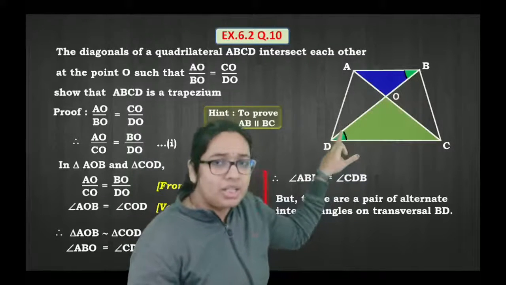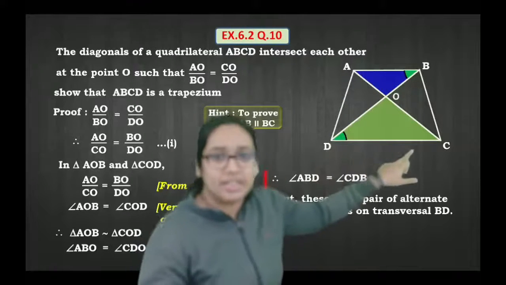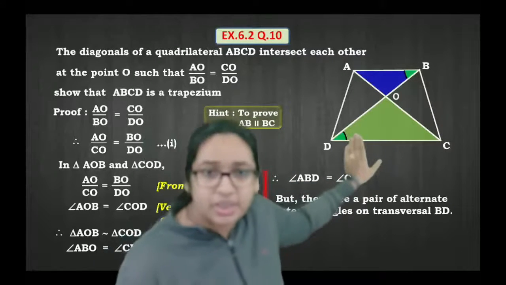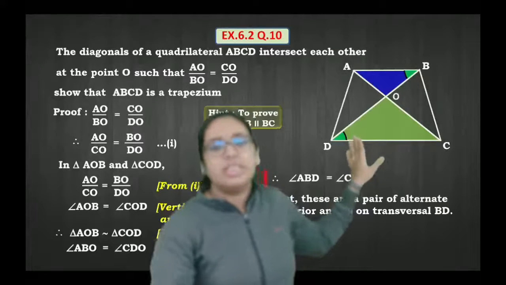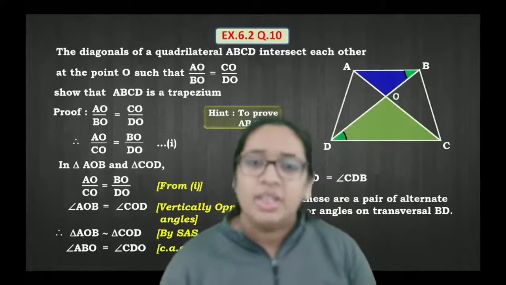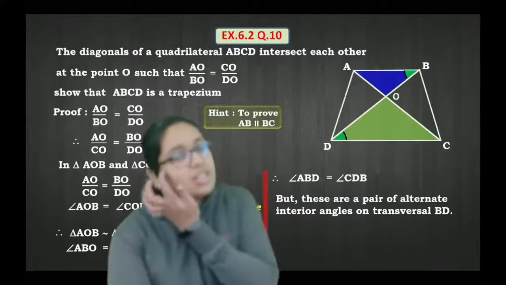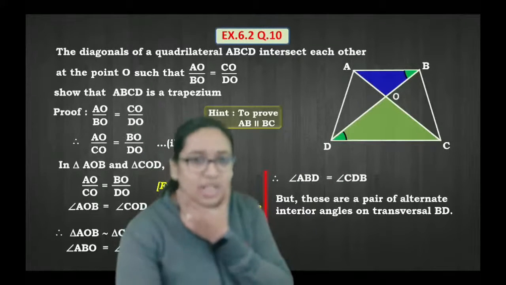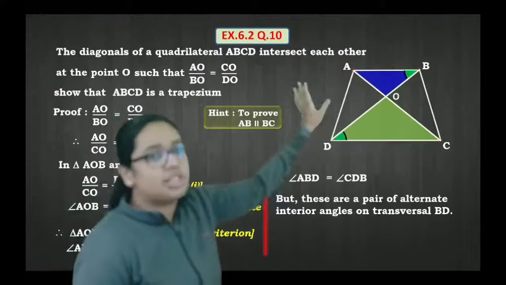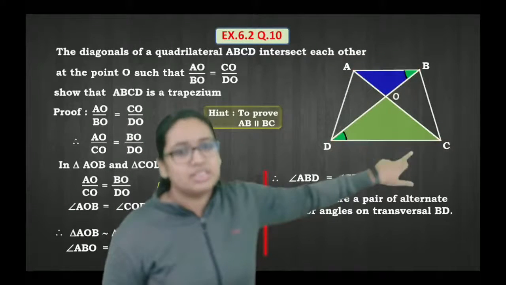इतना समझ में आ रहा है, बट अगर आप इन दो angle के बारे में बोलोगे, then they are forming a Z letter. Z letter is nothing but we can use the interior angle property, vice versa, दोनों भी case आपको मिलेंगे। So we can say that if ABD and CDB are equal, this is nothing but a pair of alternate interior angles, because you can see the letter Z here.